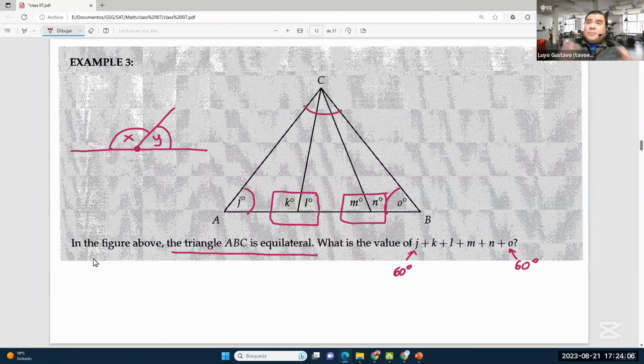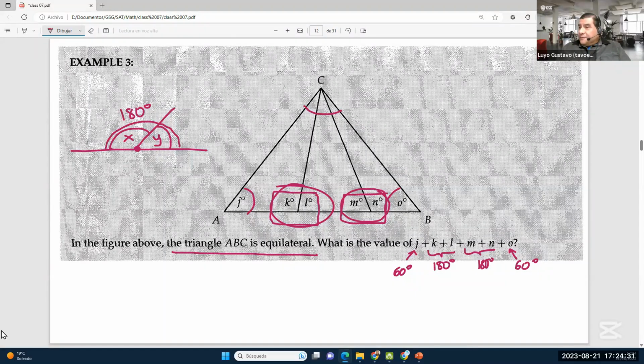The sum of X plus Y is 180 degrees because this is the measure of a flat angle, 180 degrees. So these two combined form 180 degrees. And so do these two. So this sum here should be 180 and this another 180 degrees.